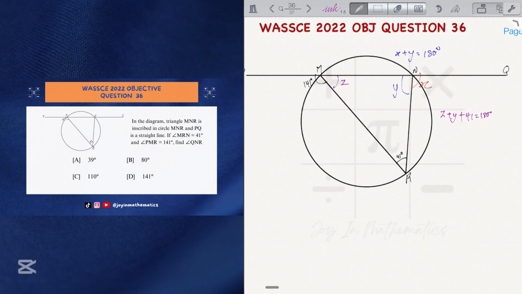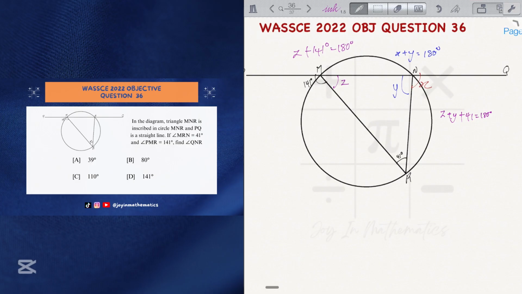Now with that, we can evaluate our value of Y, and for us to get Z, we have to know that Z plus 141 degrees is equal to 180 degrees, which is the sum of angles on a straight line. So let's go backwards. We solve for Z, moving to Y. From Y we'll get X.